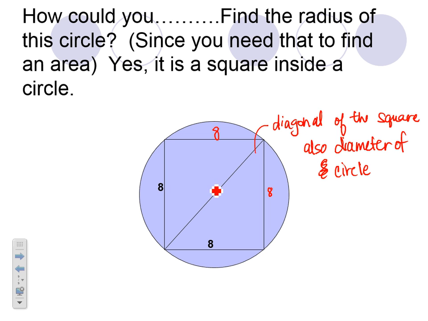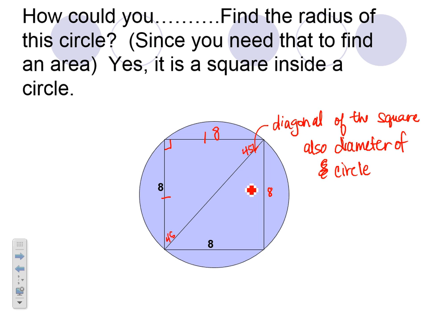So I need to find this diagonal. We also know that squares have 90 degrees. Oh, and if I have a 90-degree angle and these sides are the same, I have an isosceles triangle, which means I have a 45, 45, 90 triangle.